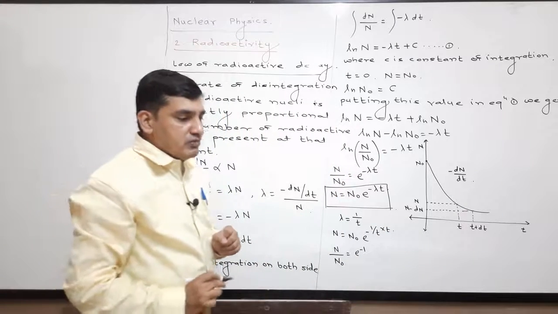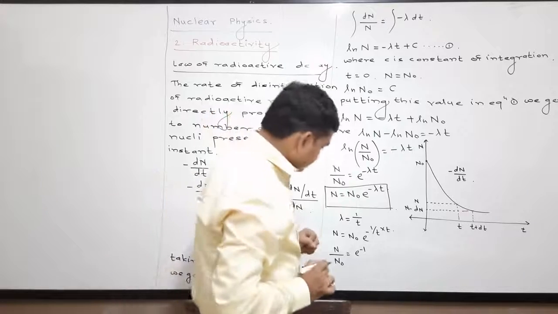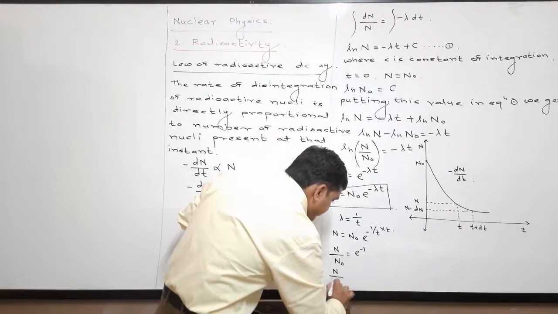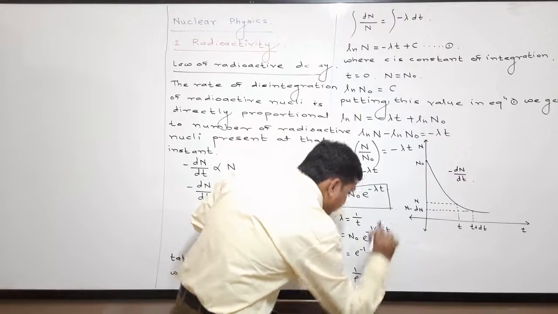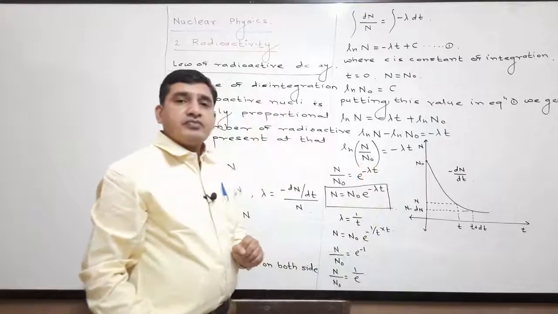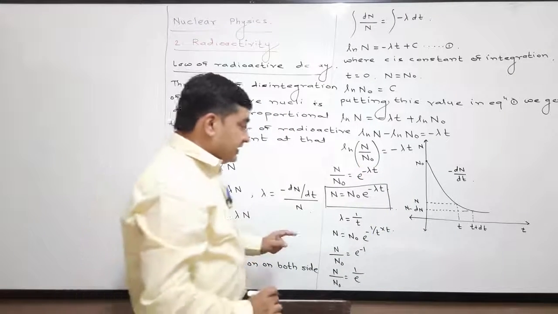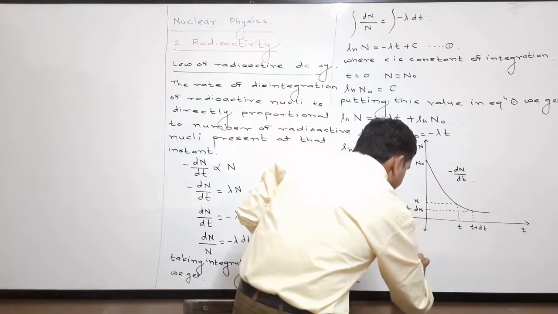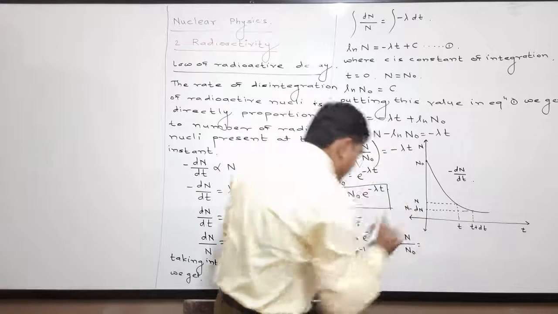So this can also be written as N upon N0 is equal to 1 upon e.